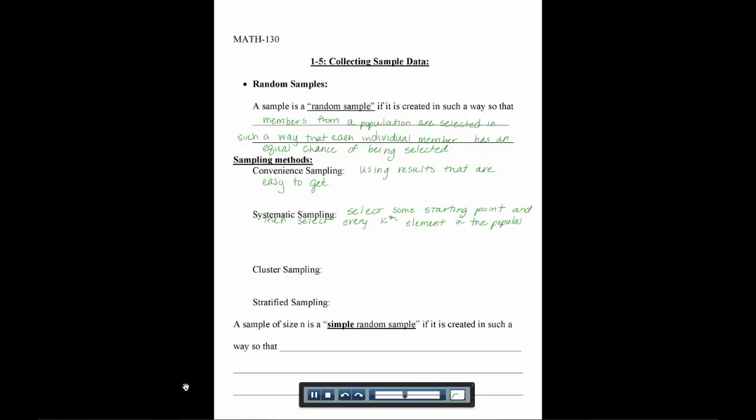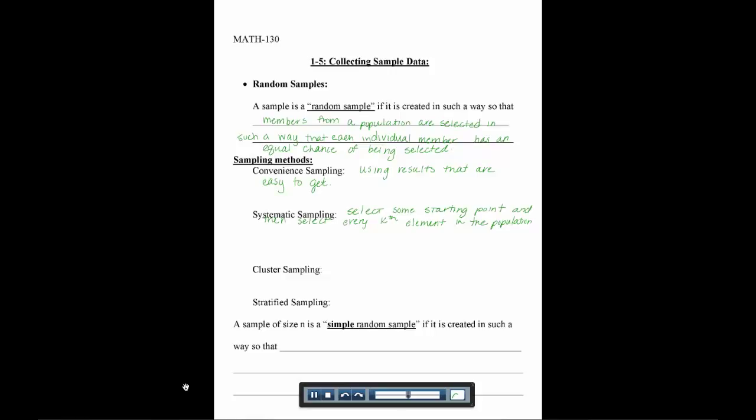So, for example, maybe you want to ask people what they think about the prices in the cafeteria, and so you've got a long line of people who are buying stuff from the cafeteria, and you ask every third person in the line what they think of the prices. That would be systematic.